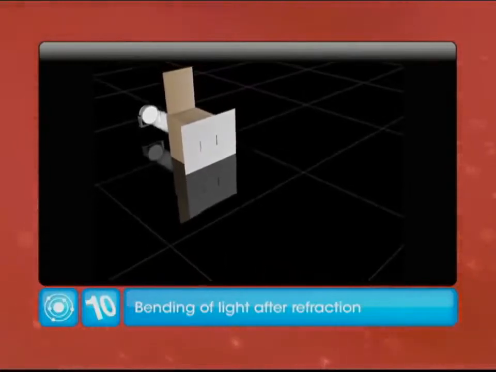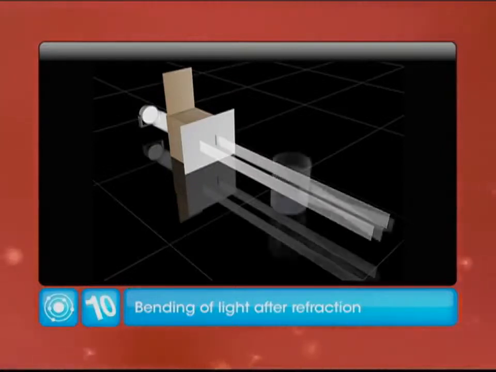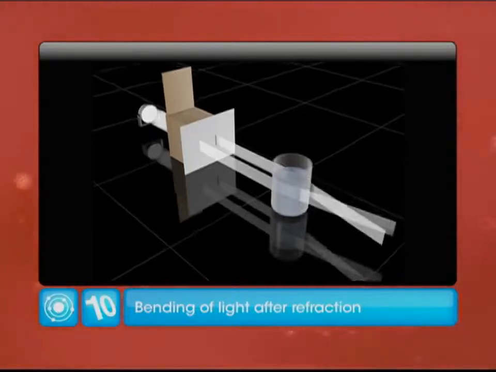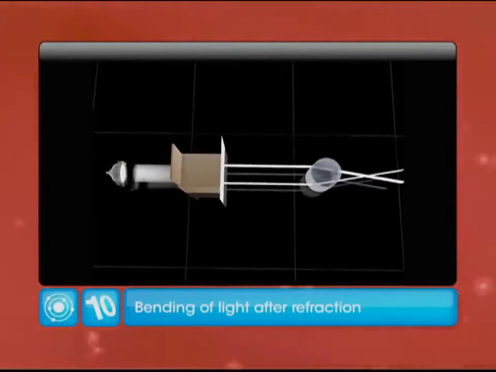See how the light travels. But what happens when we put this tumbler full of water in the path of the rays? The light rays bend. Notice how the direction of rays changes after refraction.